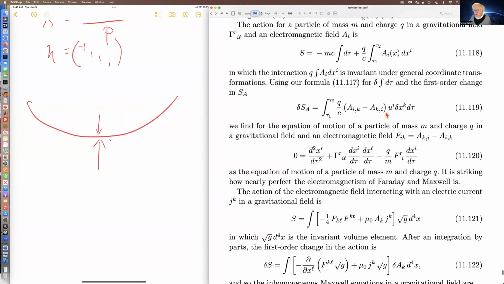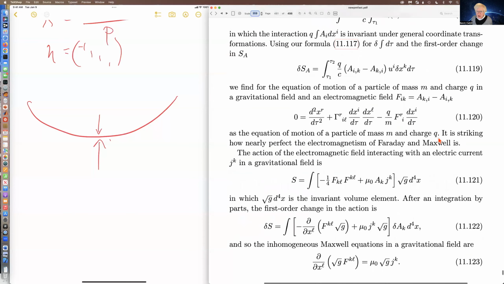And then what one sees is the equation of motion for a body falling in a gravitational field, but having charge q, mass m, subject to an electromagnetic field: you get this extra term that comes from here, where F, of course, is the Faraday tensor.